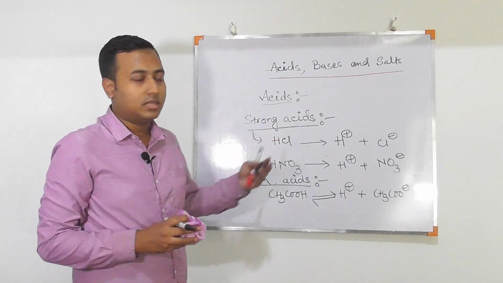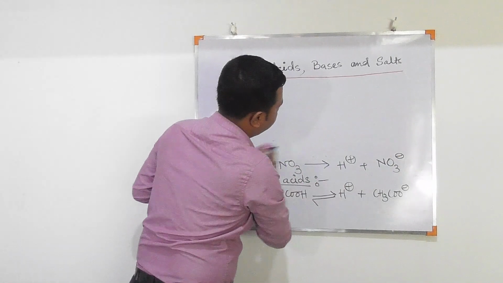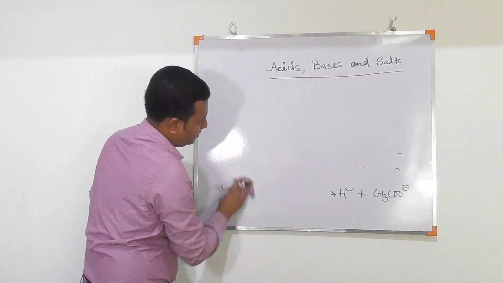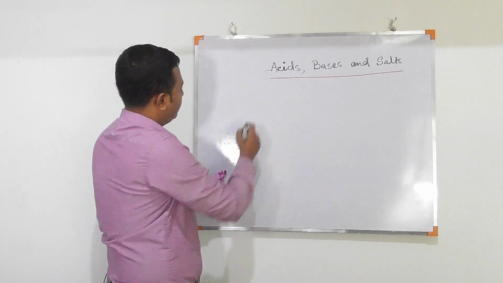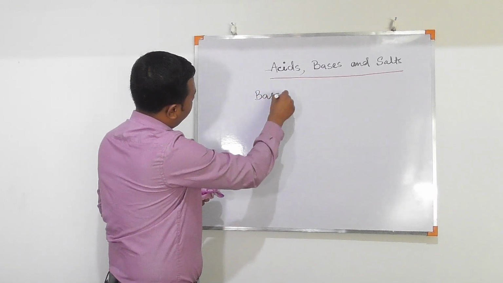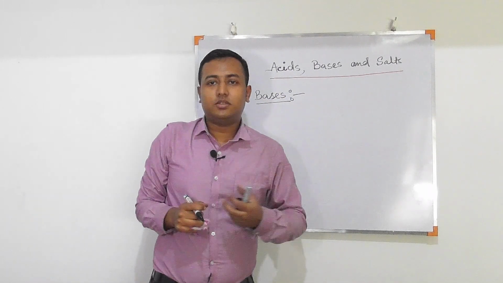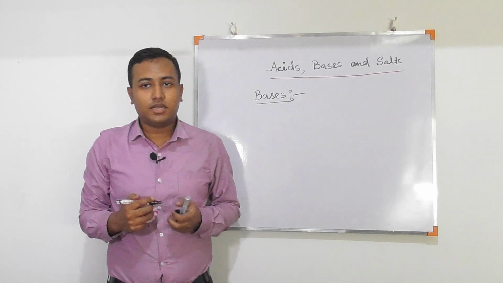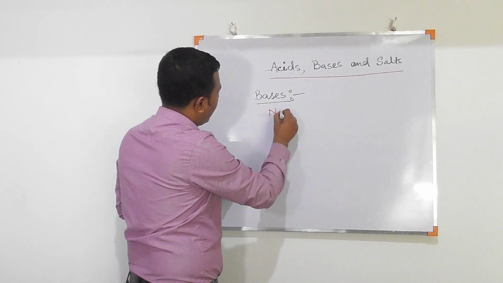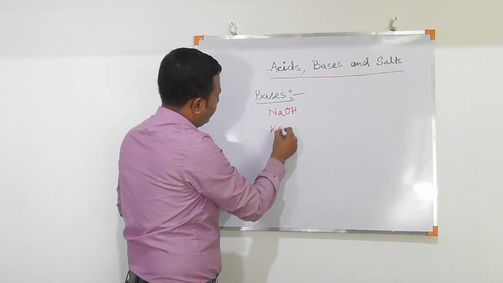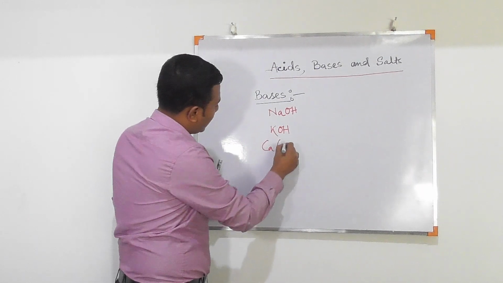Now we will move to the bases. Which are bases? Bases are the species which can give OH minus in aqueous solution. For example, sodium hydroxide, potassium hydroxide, calcium hydroxide.